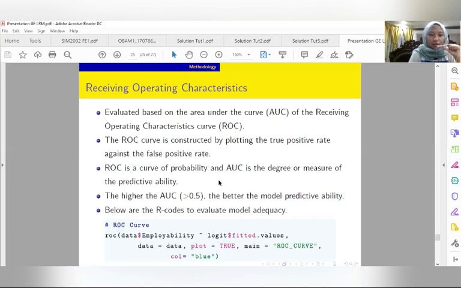AUC is the degree or measure of predictive ability. It usually ranges from 0.5 to 1, and the higher the AUC, that is greater than 0.5, the better the model predictive ability. Below are the R codes that we use to obtain the ROC curve to evaluate the model adequacy.